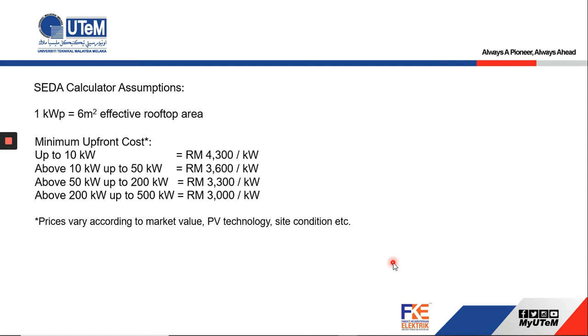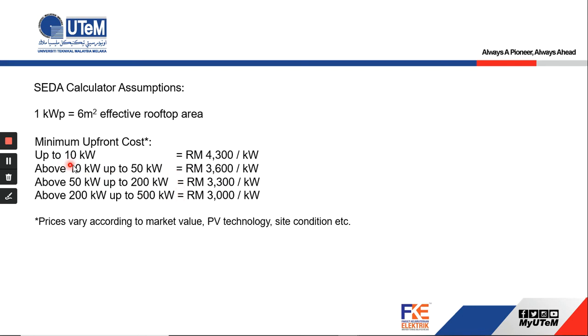Assumption number one: for 1 kilowatt peak of installation capacity, it requires 6 square meters of effective rooftop area. In other words, if you want to install 1 kilowatt of PV system, you need 6 square meters of area.